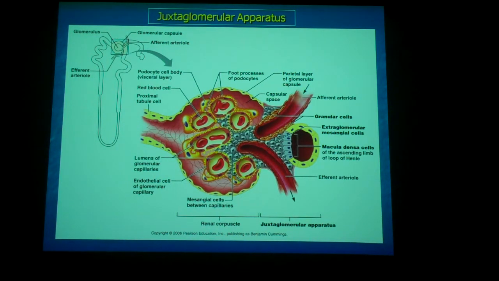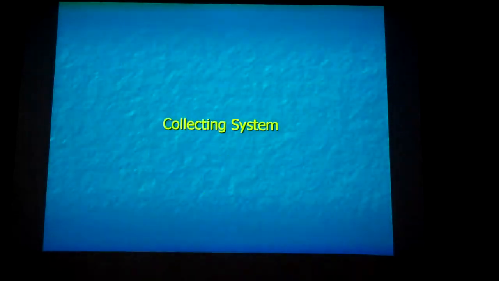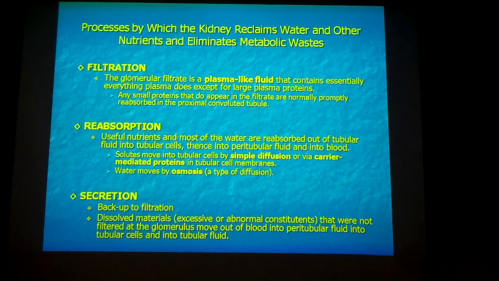And so these macula densa cells notice when there's a drop in flow rate and a drop in solute concentration of that fluid. That's what's happening right here at the juxtaglomerular apparatus.